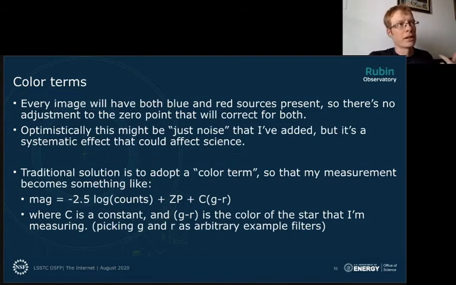But when I know that color from the different bands, I can estimate how much my photometry differs from the original survey that I'm trying to compare to. So I measure this constant C, and then I use that to correct for these different color variations in the objects that I'm measuring.